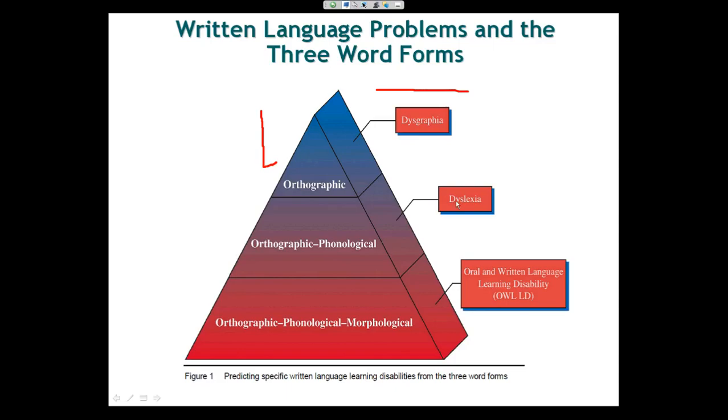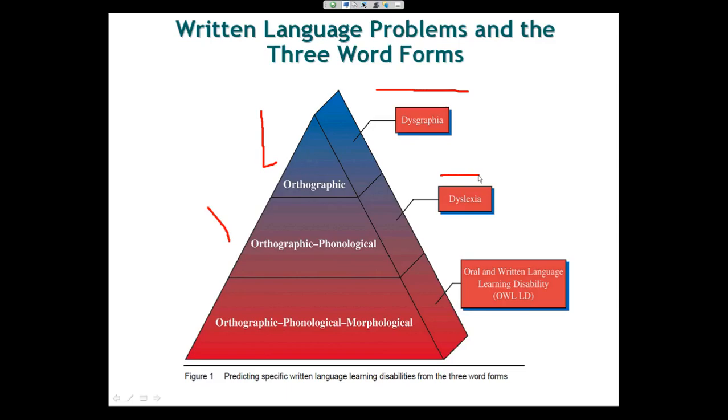If I am struggling with linking the orthographic to the phonological, it's going to be manifested as dyslexia and probably, more than likely, a weakness in both reading, decoding, as well as spelling.